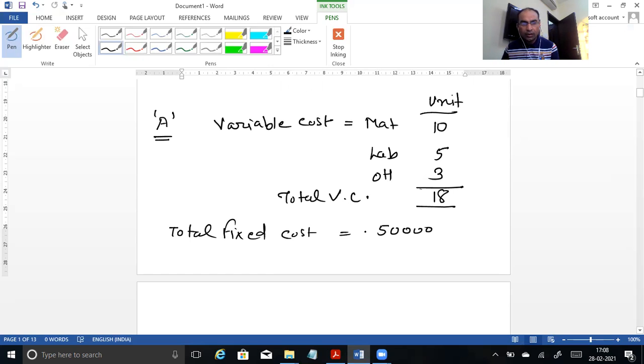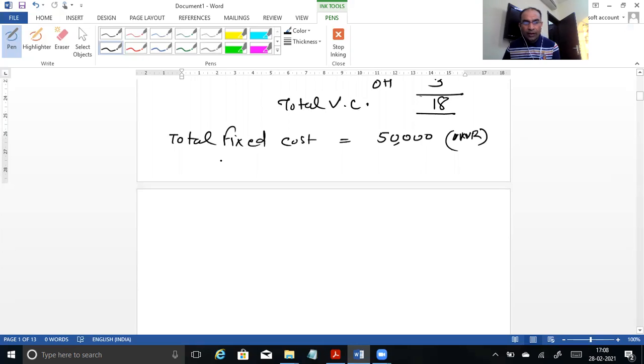I'm taking the currency, maybe Indian currency, INR, rupees. So 50,000 is the total fixed cost. Now, when I am selling this product in the market, the selling price per unit comes, say for example, 25.